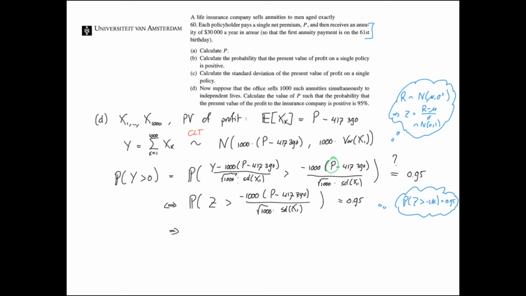And therefore we only need to solve that this expression that we have in the probability is equal to, wait, let me actually write down the standard deviation of x because we computed it. So this was 97,201 approximately, and this should equal minus 1.65.